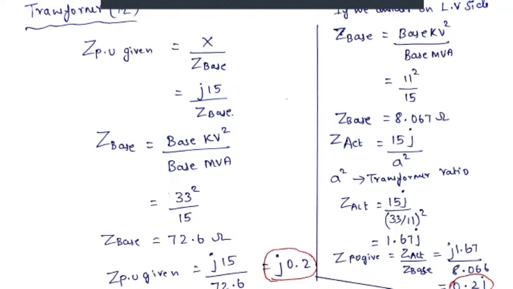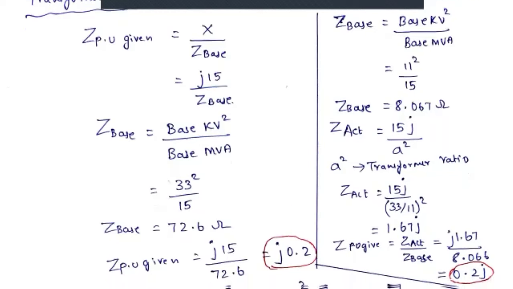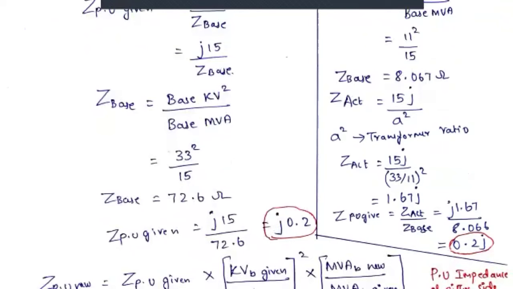So Z base is equal to 8.067 ohms. So Z actual is equal to 15J divided by A squared. A squared, A is the transformer ratio, 33 by 11, so 33 by 11 the whole squared. If you calculate this, you will get the value as 1.67 J.